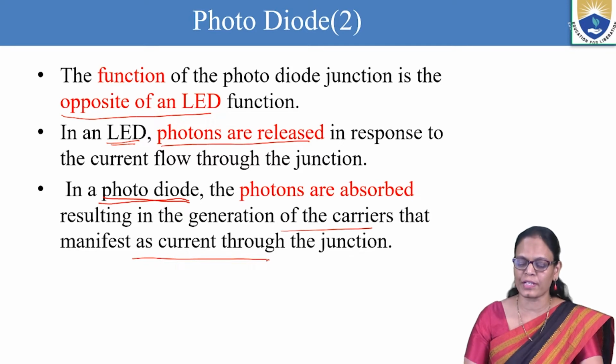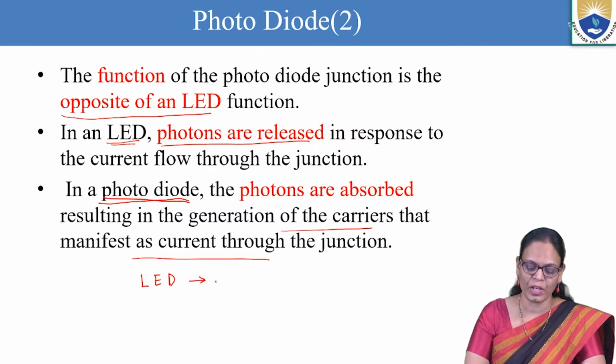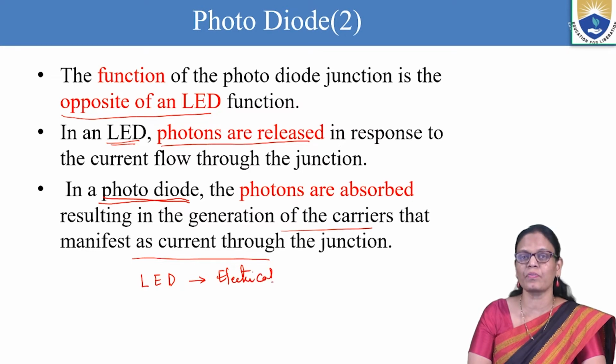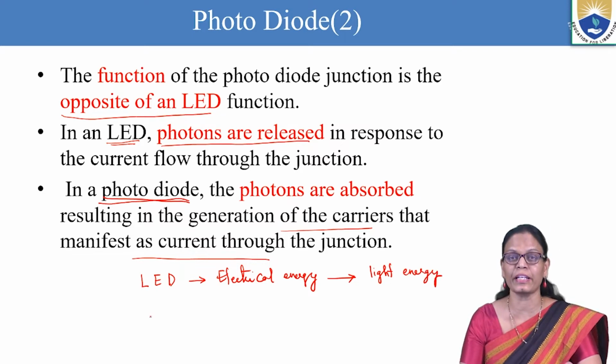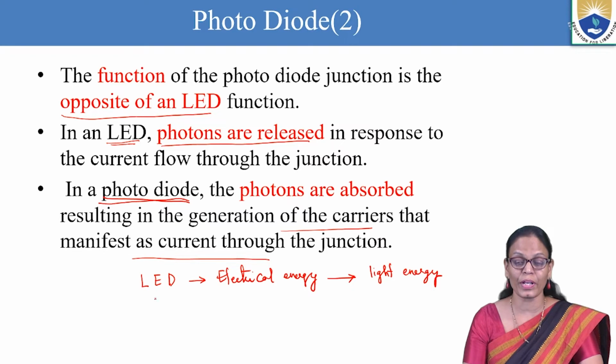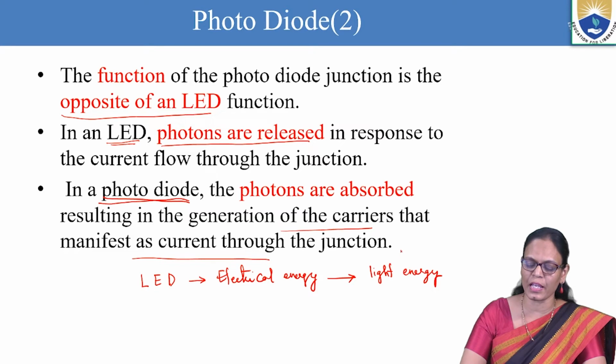Or if I have to put it simply, in an LED, the electrical energy, the external energy that we supply, is getting converted into light energy. We need to understand the basic difference between an LED and a photodiode. So in an LED, electrical energy is getting converted into light energy, in the form of photons.